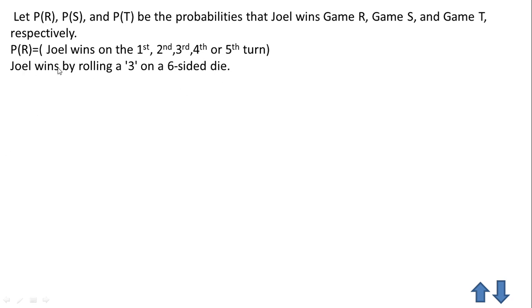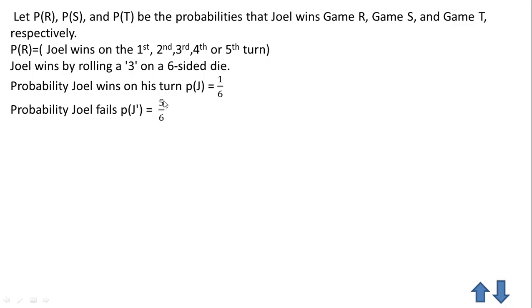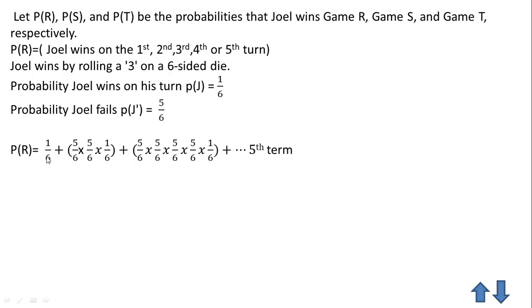Joel wins by rolling a 3. The probability of a 3 showing on top of a die is 1/6, and the probability of not showing is 5/6.